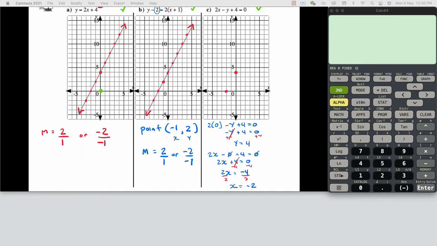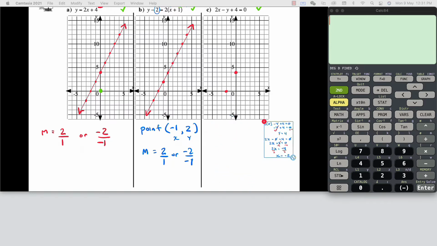Now, just to show you that that will work for any point, let me resize this really quickly and move it out of the way. We know it's the same line, so let's go grab any one of the points that are on one of these other graphs.